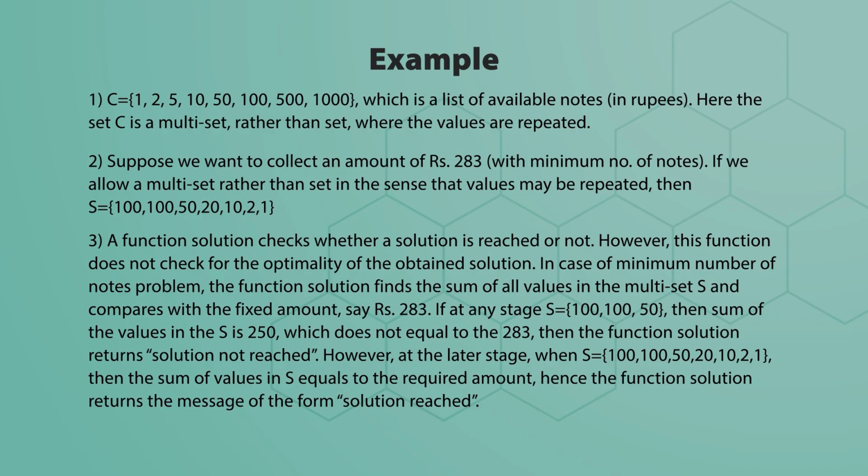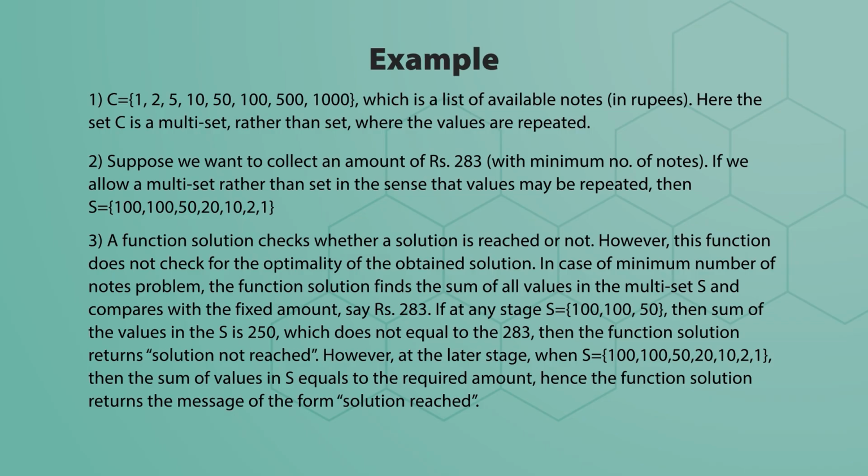So you cannot add a 1000 rupees note. You go to the next note, that is 500. Is 500 again greater than 283? Yes, so 500 cannot be added into the solution set, and you can discard this too.